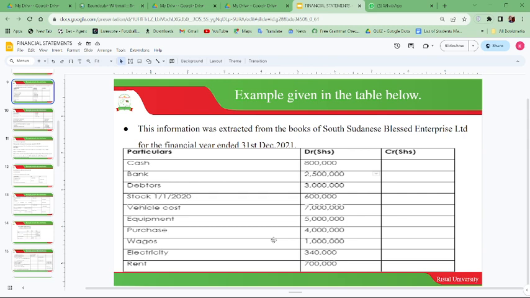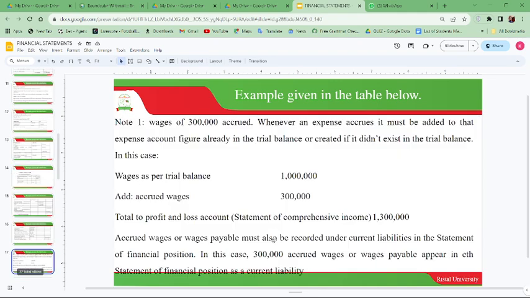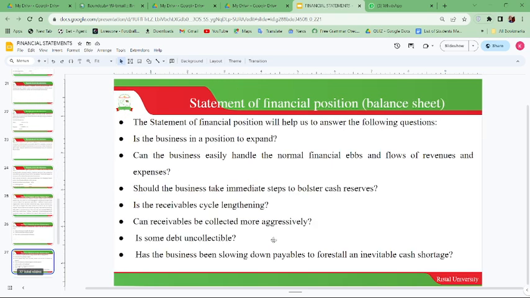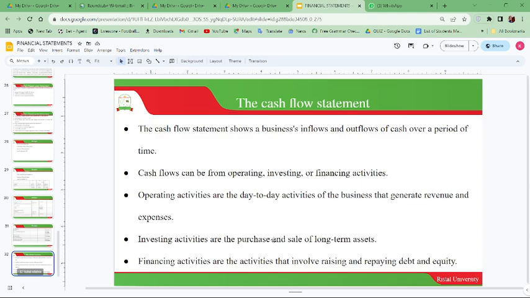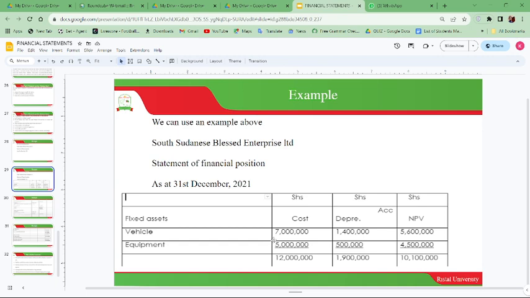So those are the fixed assets that were given. You come to your balance sheet and put the amount of the vehicle cost.